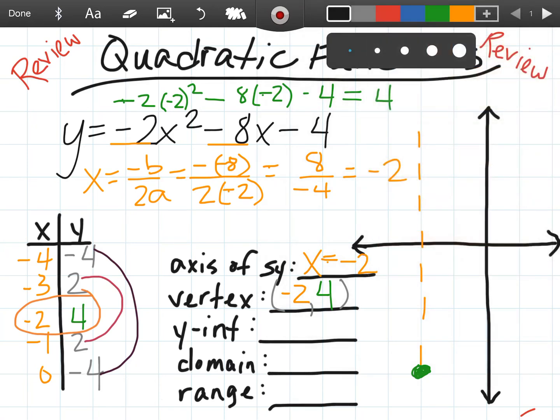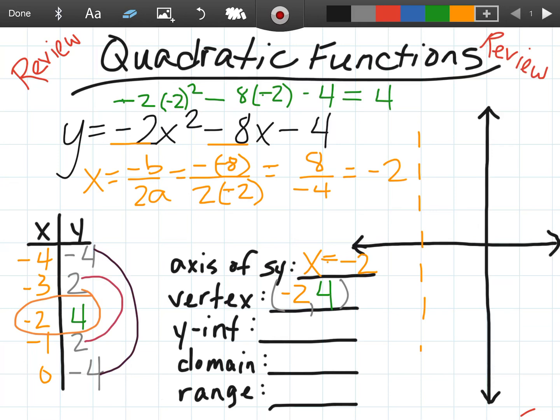So I'm going to come back up here and I'm going to plot these points. Okay, so I have a negative 4. Whoops. I plotted this wrong. I did this as a negative 4 earlier. It should be a negative 2, positive 4, right there. Okay. All right.